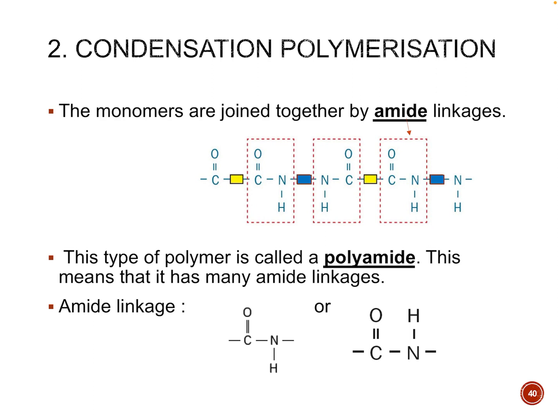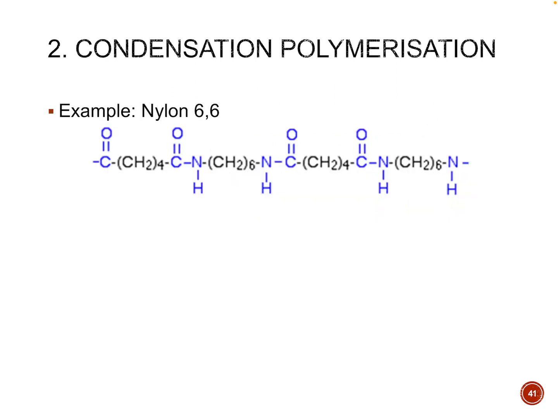It is a C double bond O, N-H linkage. You can represent it in the left way or the right way, it doesn't matter. It's a polyamide because the polymer contains many amide linkages. So this is an example of a condensation polymer, and the name is nylon 6.